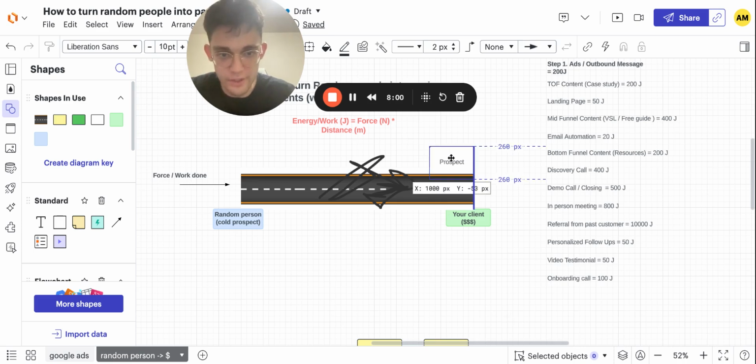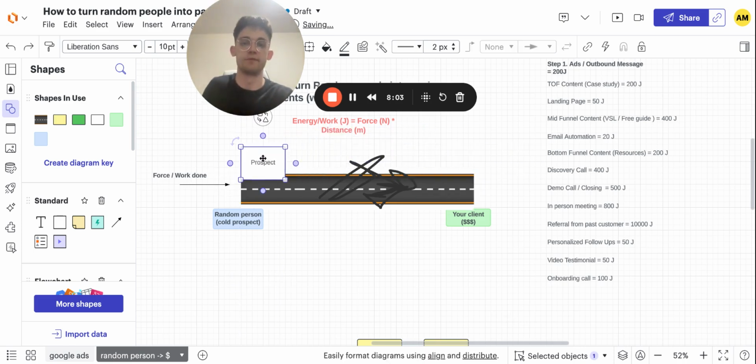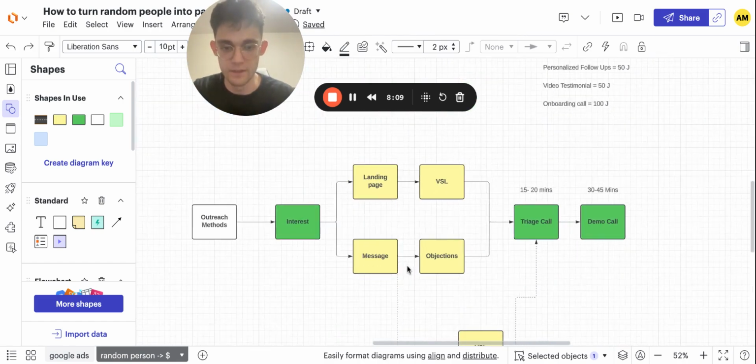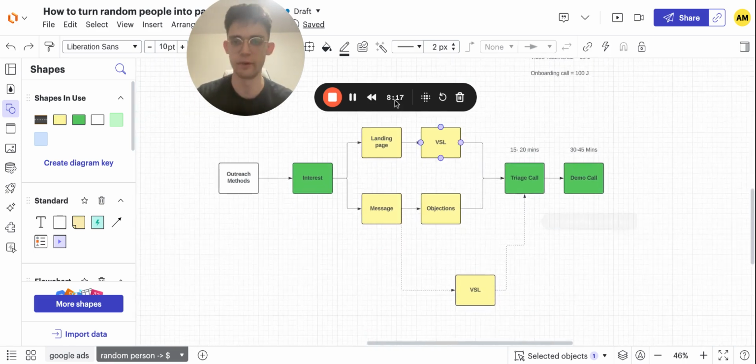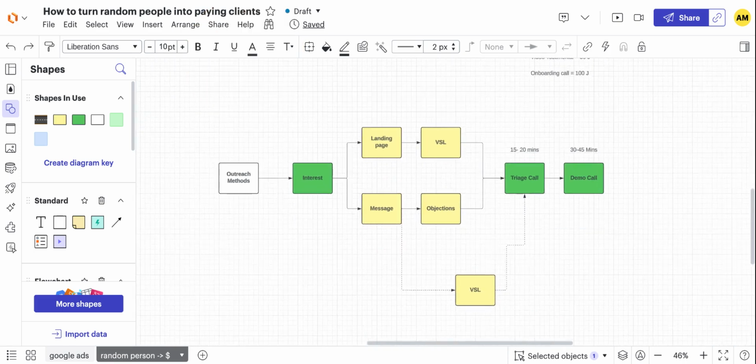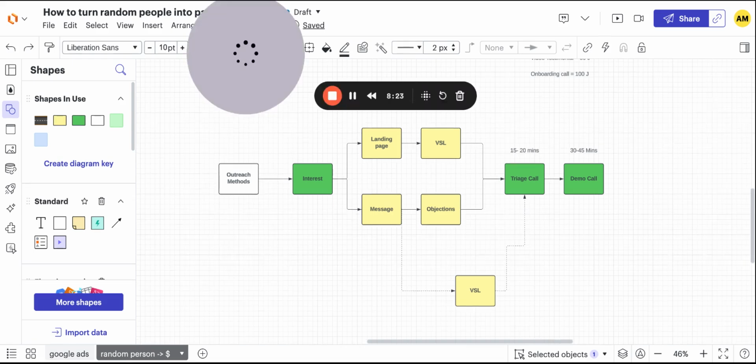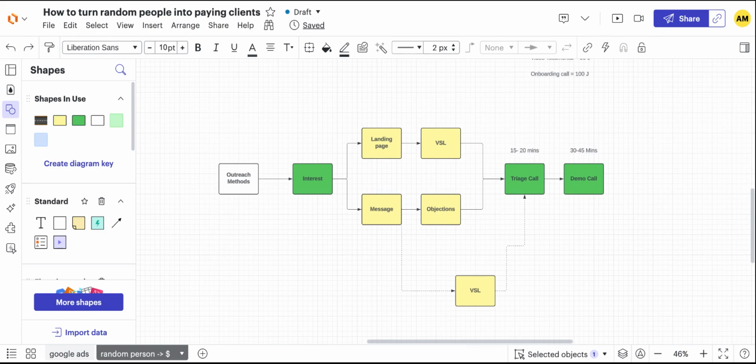Okay, so another thing to keep in mind, right? What are the actionable steps for this? How does this actually look in the bigger perspective, right? So you guys have to think about it like this. I made a video about a week ago on the 11 methods of outreach, right?